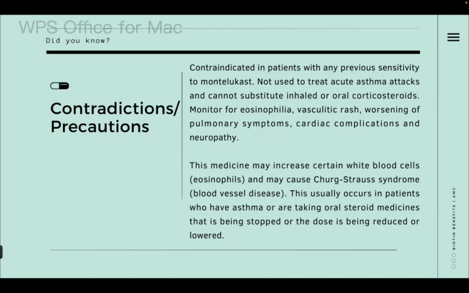This medicine may increase certain white blood cells, or eosinophils, and may cause Churg-Strauss syndrome, a blood vessel disease. This usually occurs in patients who have asthma or are taking oral steroid medicines that are being stopped or the dose is being reduced.